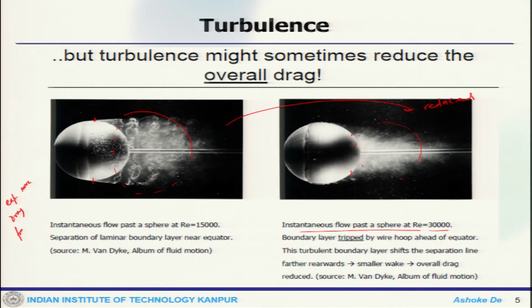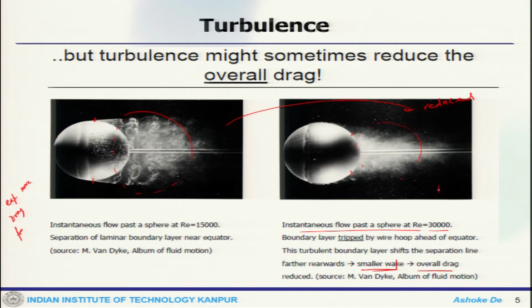So, what happens physically here is that with the increasing Reynolds number, the turbulent boundary layer shifts the separation point towards the rear portion of the sphere, or towards the rear stagnation point. So, you have a smaller wake, and the smaller wake will reduce the overall drag.